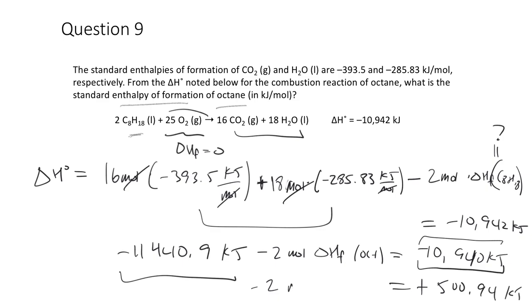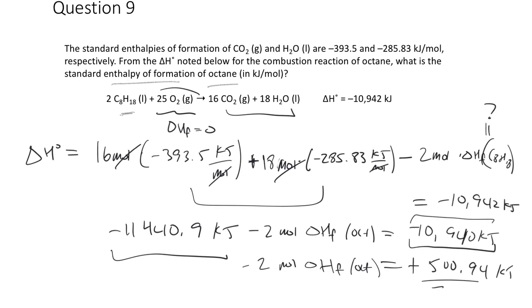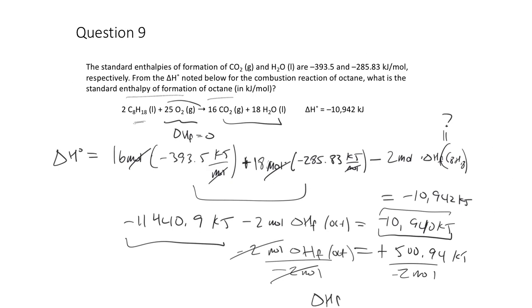And so that would be equal to 2 moles times the delta HF of octane. So I divide both sides by negative 2 moles. And so that gives me my delta HF. I divide by negative 2. Negative 250.5 kJs per mole.